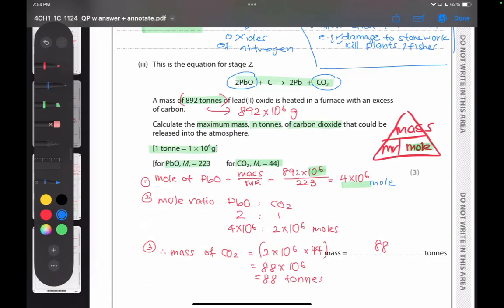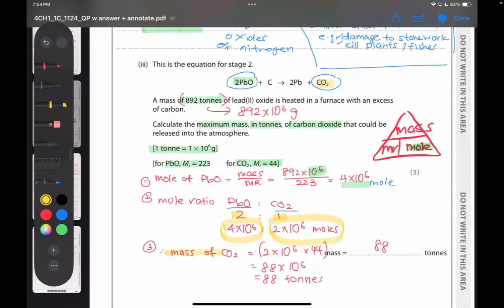Next, we do the mole ratio based on the balanced equation. You can see that the number of moles for lead oxide is 2 versus carbon dioxide is 1, so 2 is to 1 over here. If you have this number of moles of lead oxide, you should get half the moles for carbon dioxide.